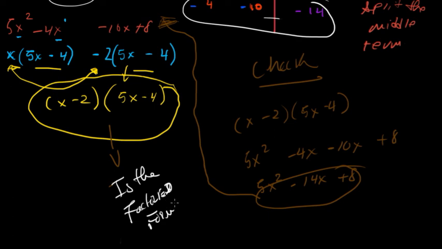Okay, this here is the factored form because my check works out based on the FOIL method. So it is correct, based on the FOIL method.